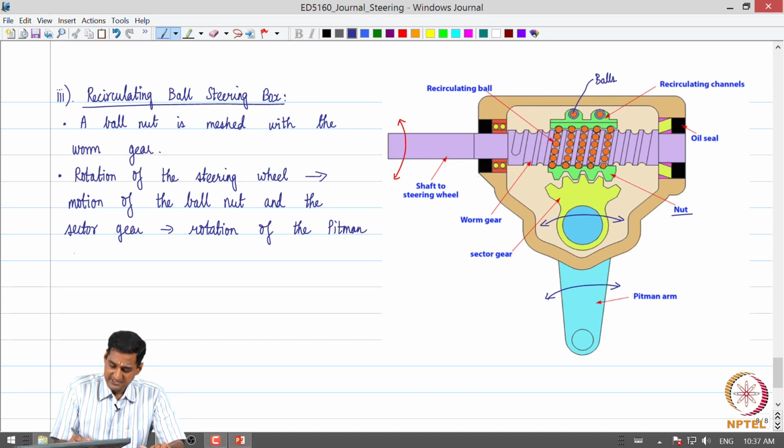So, that is what happens in this recirculating ball type steering box.